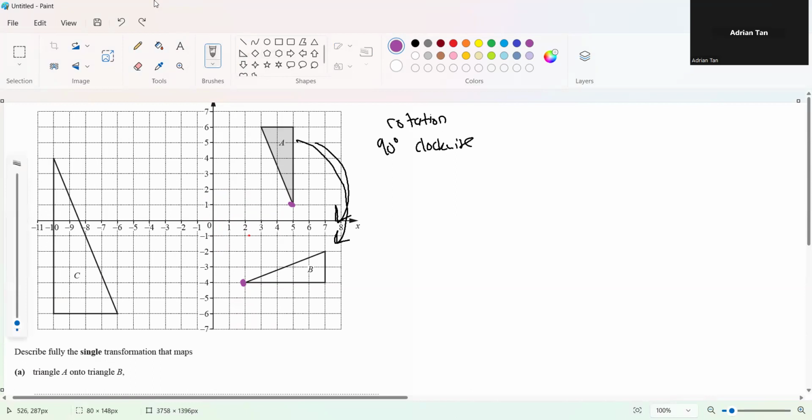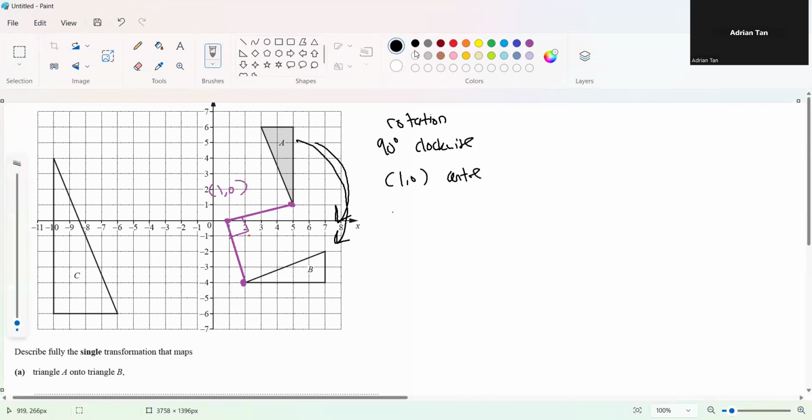So I could test maybe here instead, 1, 0. So when I draw, the distance is 4 boxes, the distance is also 4 boxes. And you notice I make a perfect 90 degrees here. So my center is 1, 0. So I can write this all in sentence form now for my description.